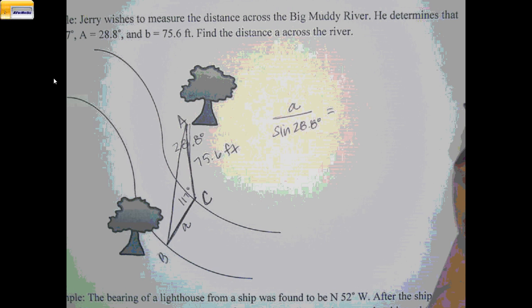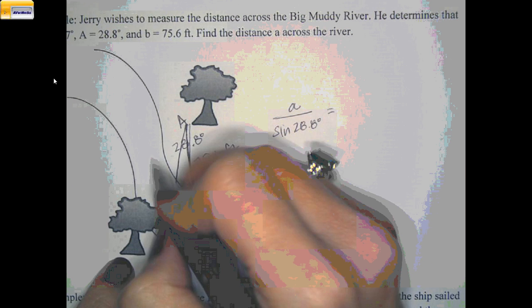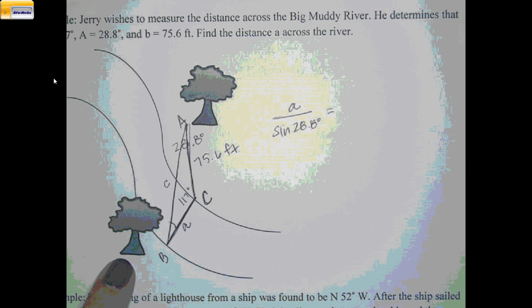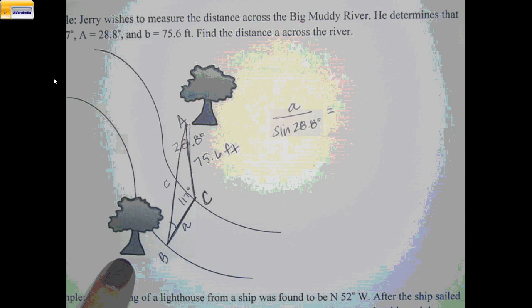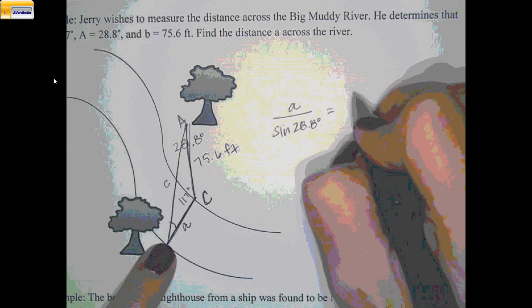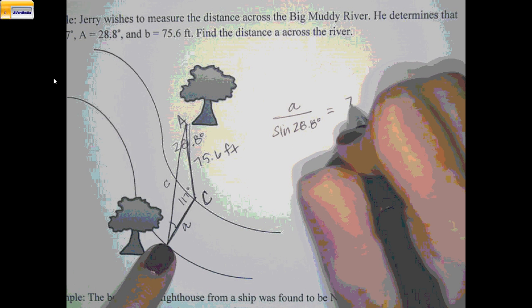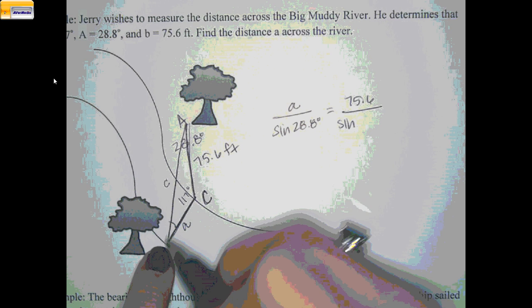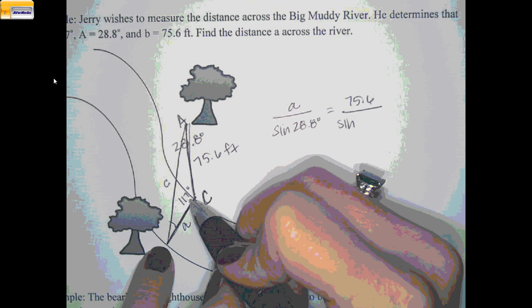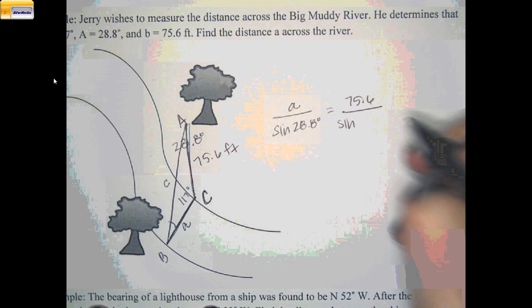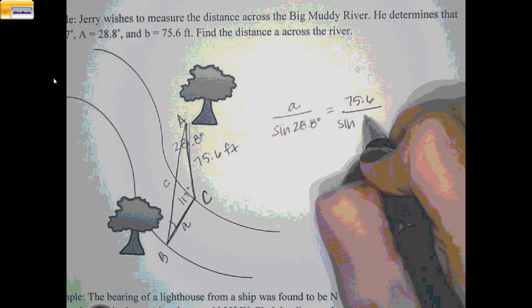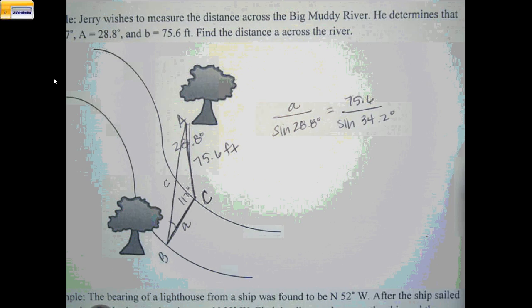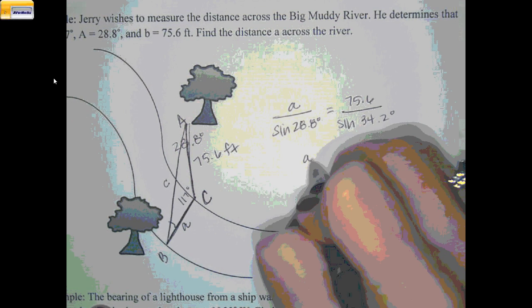I don't know C, and I don't know angle B. Probably easiest to get B. So we're going to do 75.6 feet over sine of angle B, and angle B is going to be 180 minus 28.8 minus 117. What do you get? 34.2 degrees, thank you. Multiply both sides by sine of 28.8.